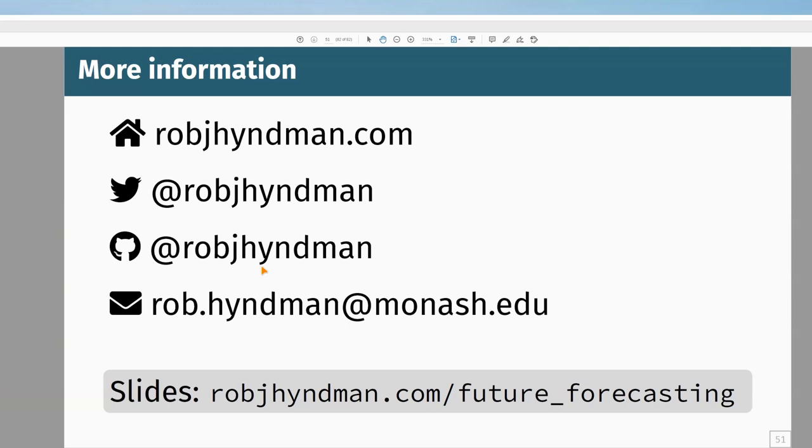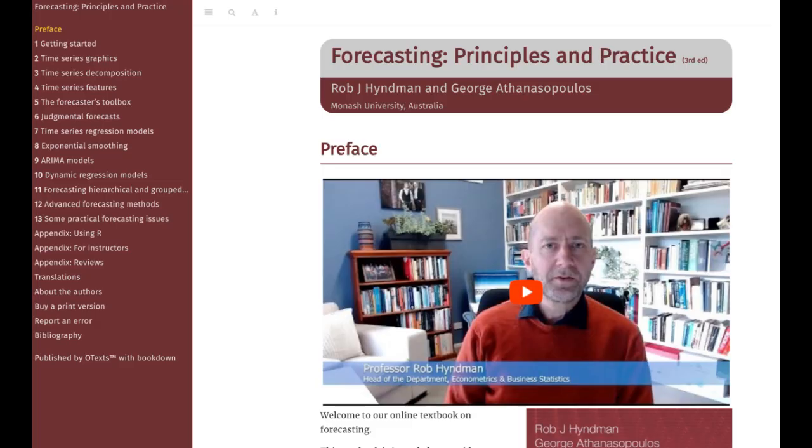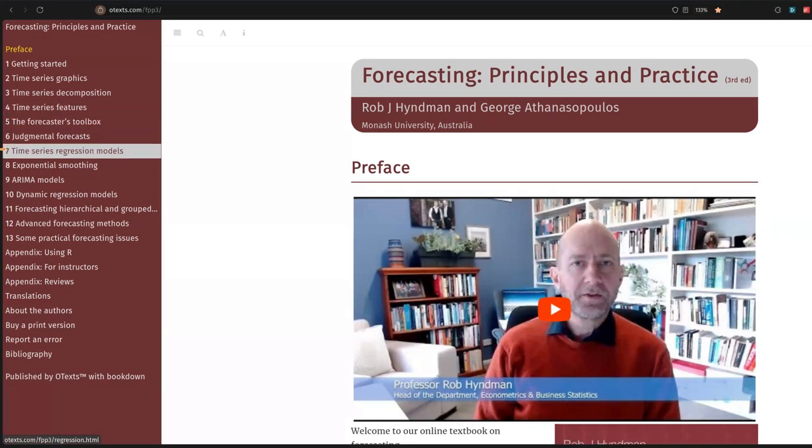It's entirely online and freely available, and it contains lots of practical advice about how to do forecasting, how to use the models, and so on. This is built around R, and all the R code is included in the book, so you can easily replicate it, and lots of practicing forecasters use it. It's otexts.com/fpp3, and as I said, freely available, go to it.